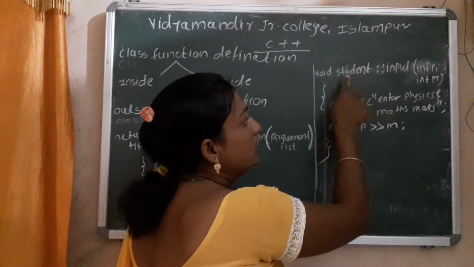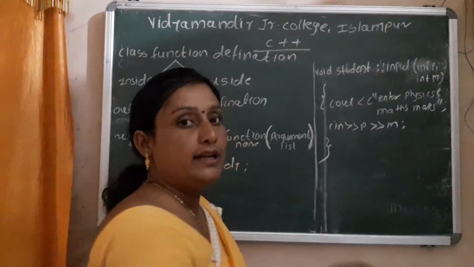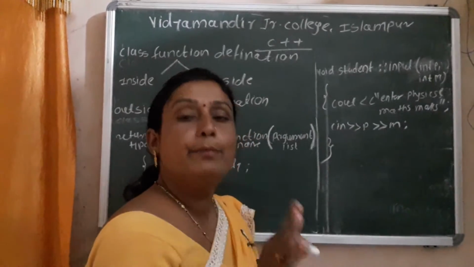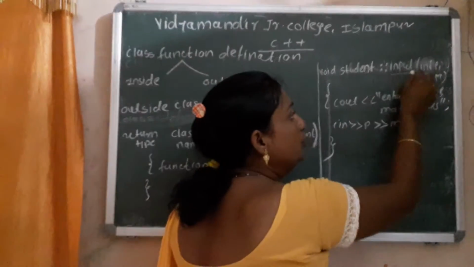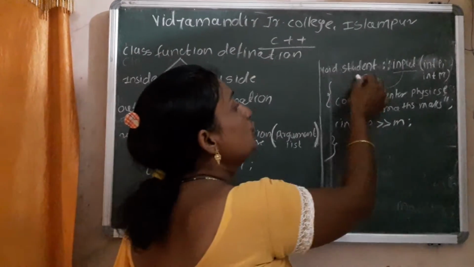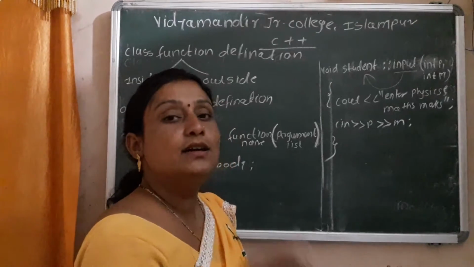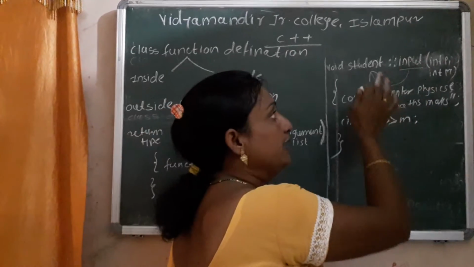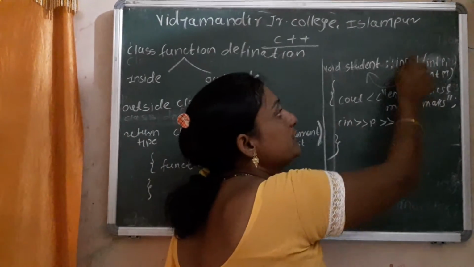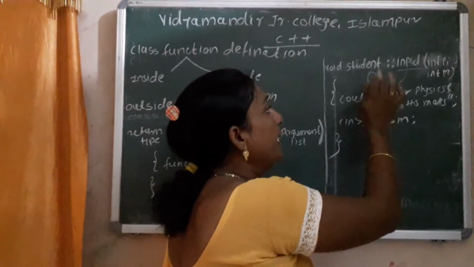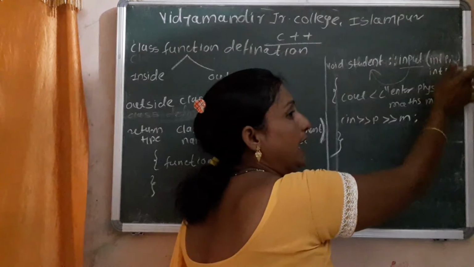In this declaration, student, scope resolution operator, input is called the member function label declaration. This input function belongs to the class student. Student with the scope resolution operator tells that this input function is a member of the student class, and the variables are p and m.